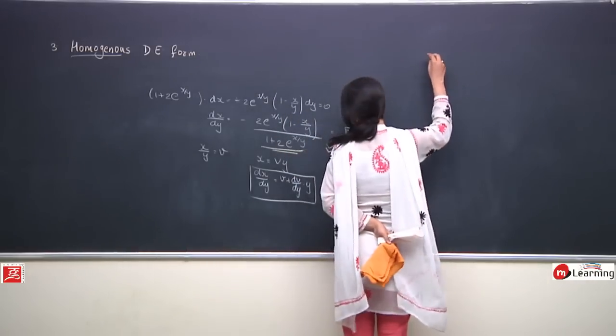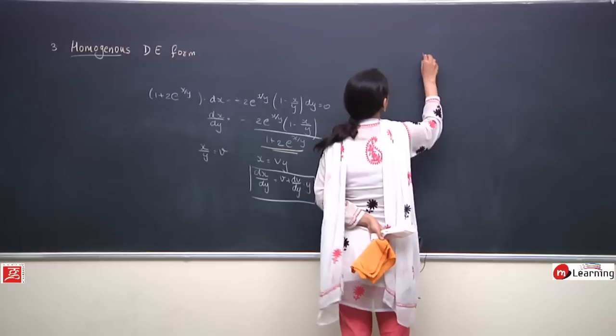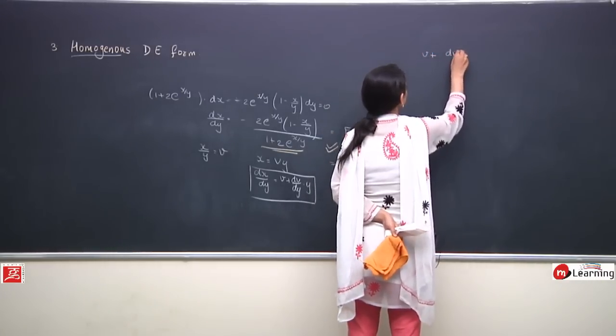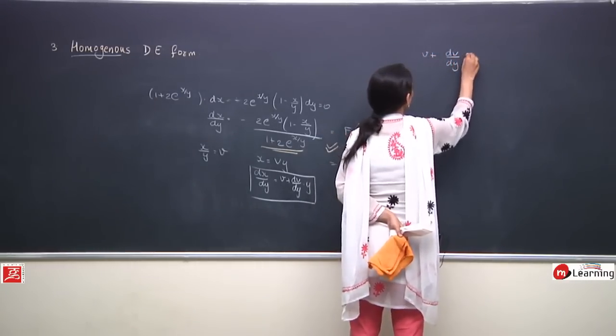So we can write dx by dy, which is equals to v plus (dv/dy) into y.